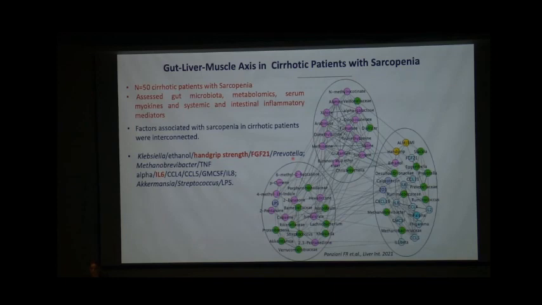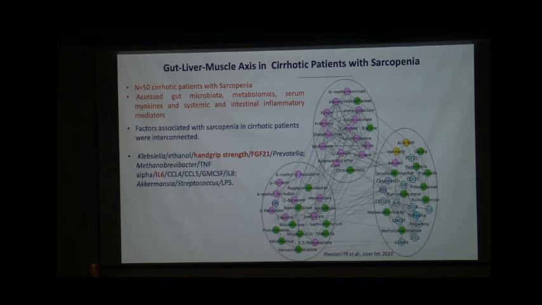This is a very interesting study in Liver International in 2021, a multi-omics analysis of gut, liver, and muscle. These three are interconnected. In 50 cirrhotic patients with sarcopenia, they assessed gut microbiota, metabolomics, serum myokines, and systemic and intestinal inflammatory mediators.